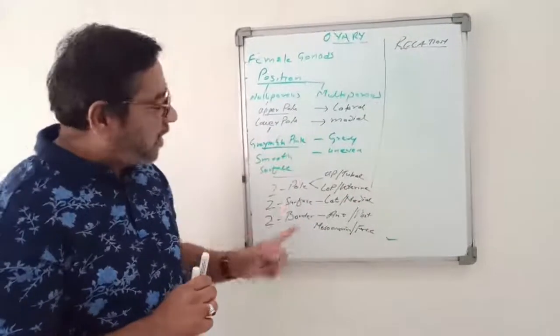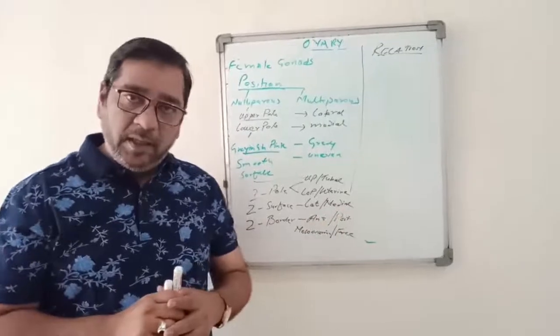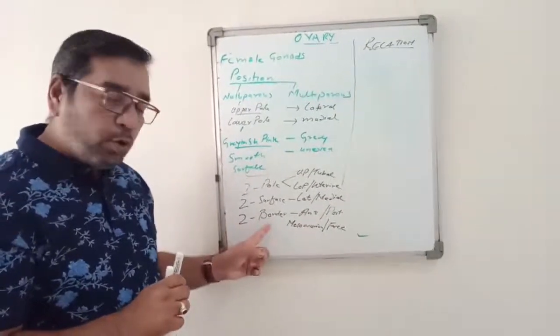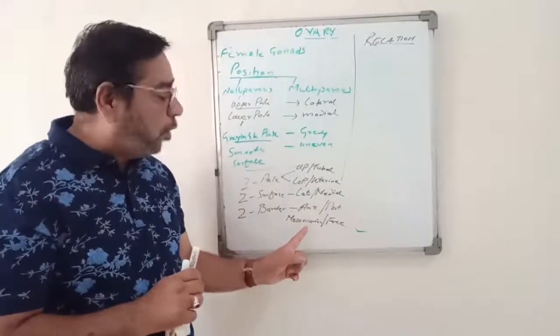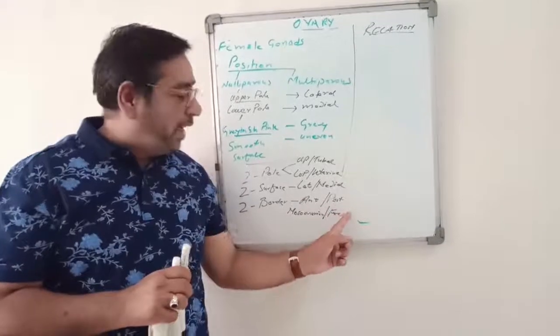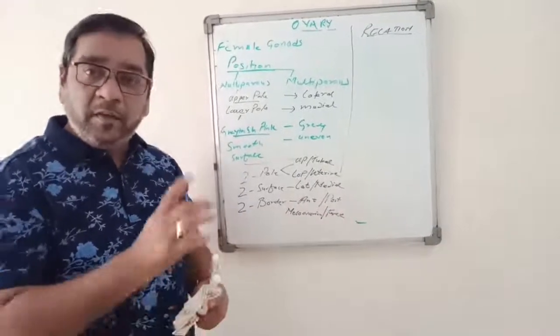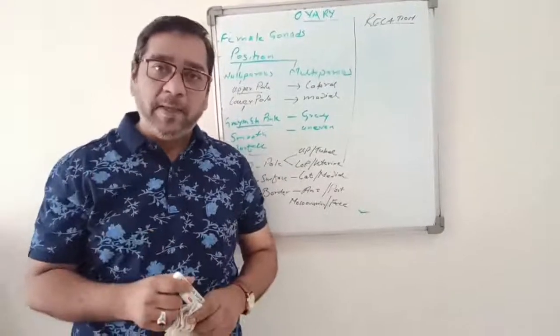The surfaces that we have are lateral and medial, whereas we have two borders: the anterior, which is also called the meso-ovarian border, and the posterior border, which is called the free border. So this is the external feature of the ovary.